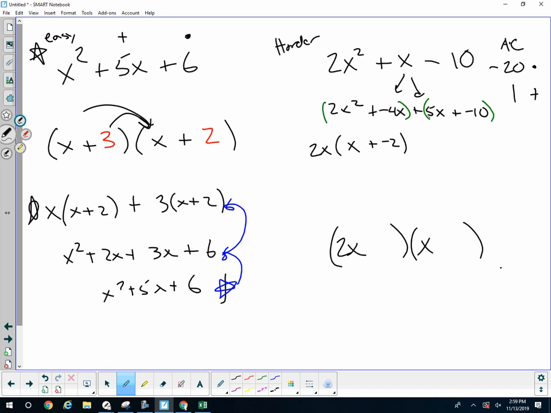Okay. What can I factor out of the second group? You see this plus? Move that plus down. 5. Pull 5 out of the second group. Notice, we are now in this step right here, the x times something plus this times this. We are there. Since we are there, we are going backwards with this distribution.